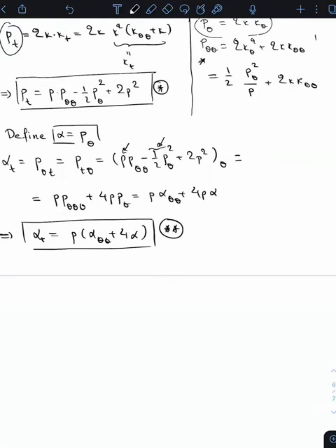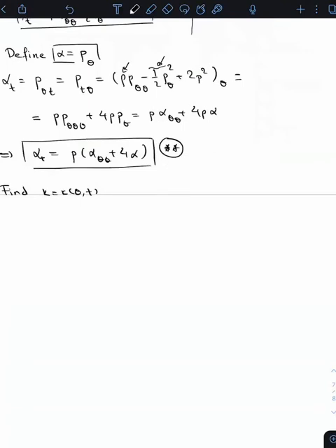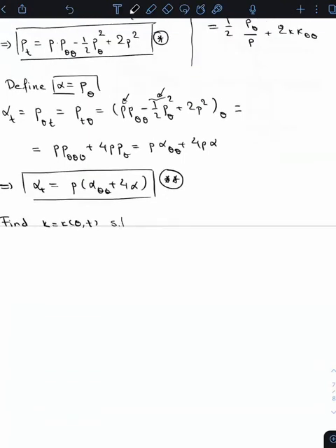Okay, so these are the evolution equations of P and alpha under curve shortening flow. And we're looking for kappa such that kappa squared satisfies star.